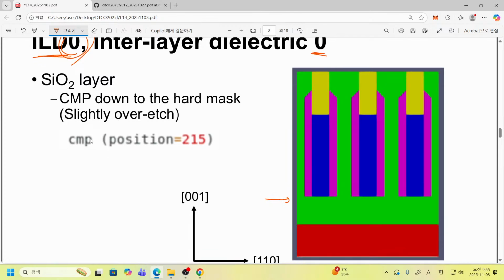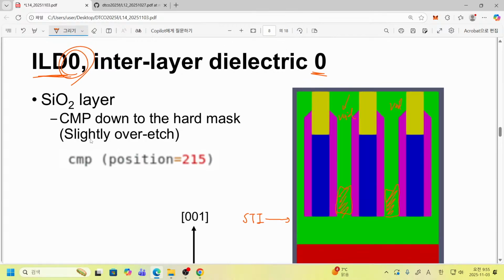Please note that this is our initial level of STI, and before introducing ILD0, here we have the source drain epi, and here we have a void. This void is filled with typically a silicon dioxide layer.